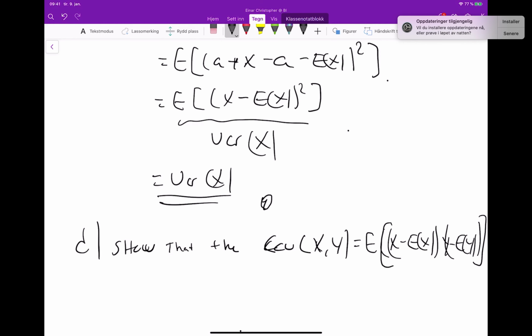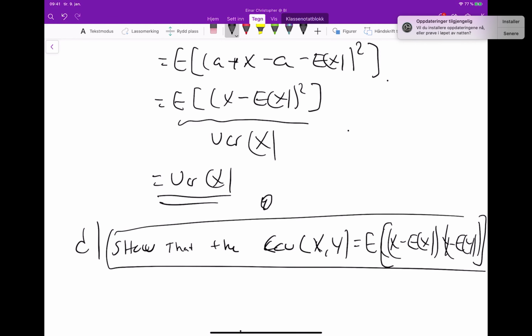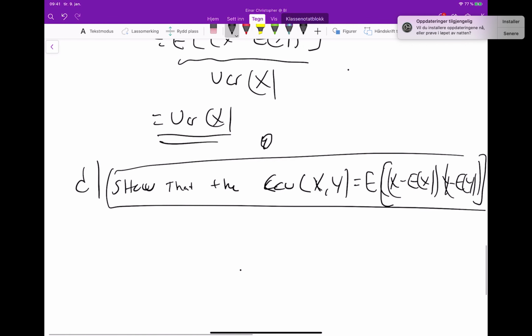Like this. So we have to show this. No, that's the definition. So we have to go through that one. So we shall show that this is the same as the expectation of xy minus the expectation of x times the expectation of y. So that's what we are going to show.